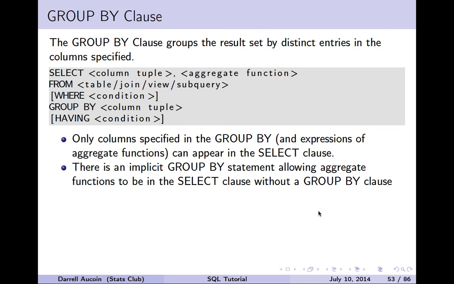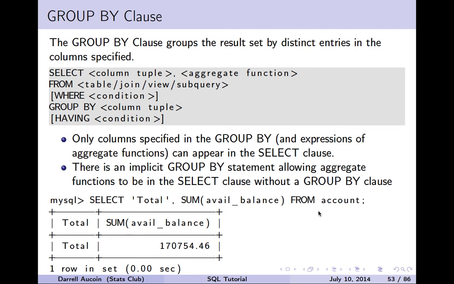There's already an implicit group by if we don't have the group by clause there, returning just one row. So if we want to get the total available balance for all of the customers in a bank, we just use the sum of all available balance.